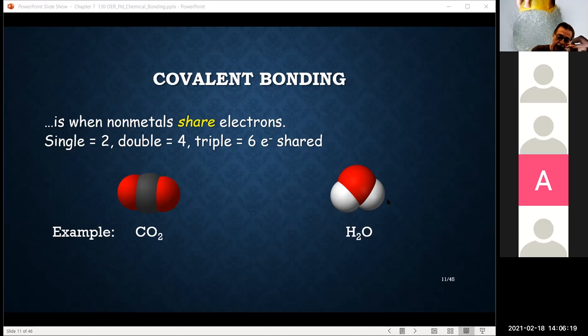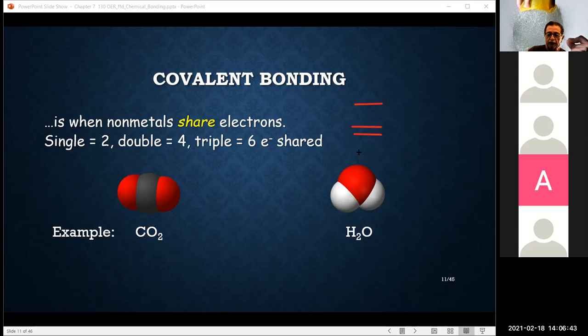What you're going to see is a simple line. A single bond could be denoted by a single line like I'm writing here. A double bond can be written by two lines, exactly like I have here.